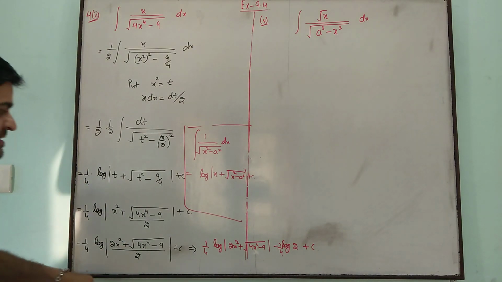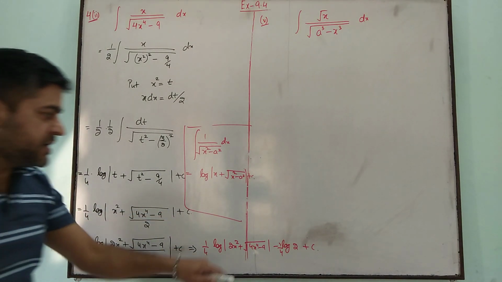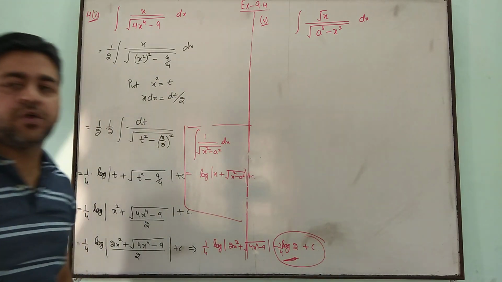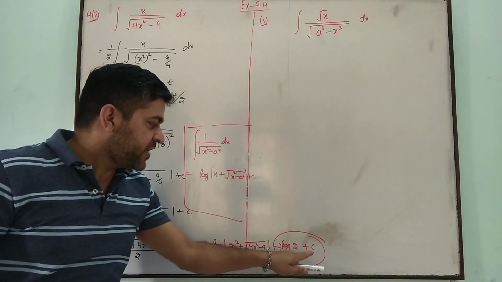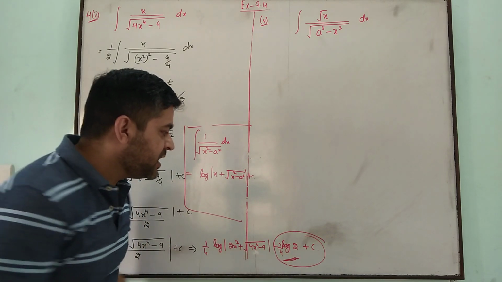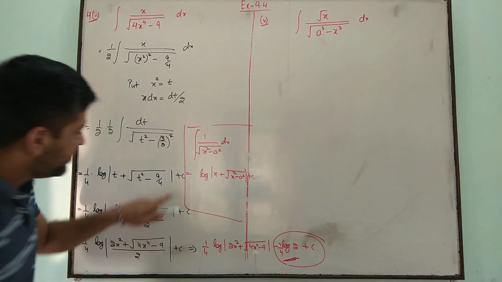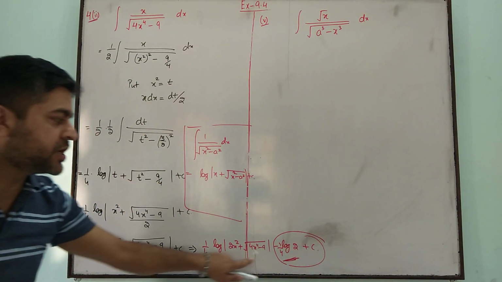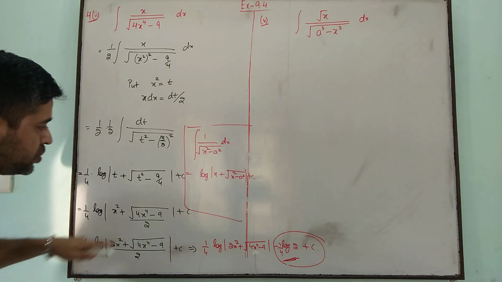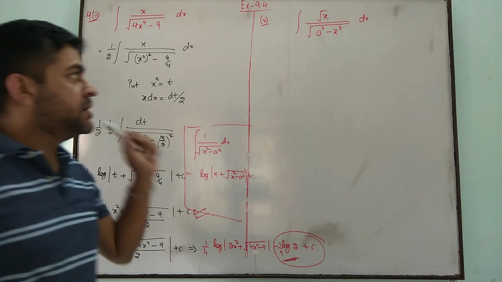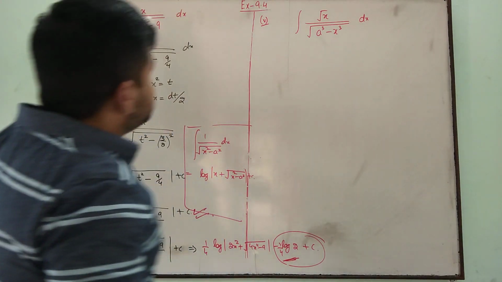Now maybe in the answer it may be written like this, that this is a constant, so this you can combine with c also, as we do not know the value. So if a constant is separate, you can combine it with c and write it c dash, or if you are writing this c dash, you can write it combinedly as c. So this may be your answer, and this also can be your answer. Is it clear? Okay.